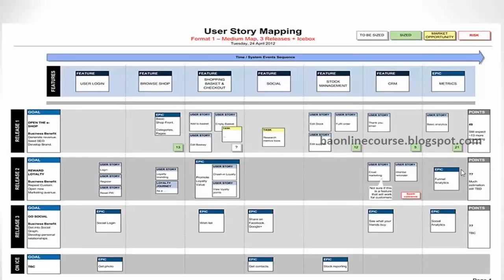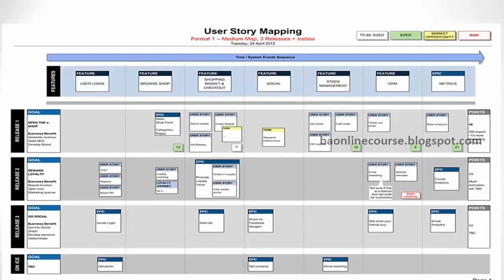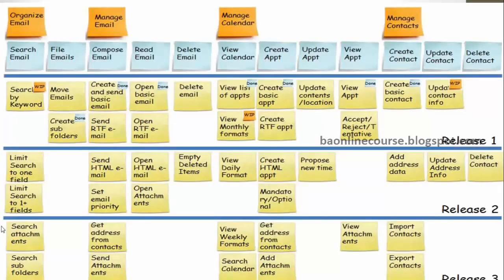Release 2, these are the features identified. Then for each release you'll go through that process of to be, work in progress, and completed, so that you have the complete list of the status of all the user stories which are going on.